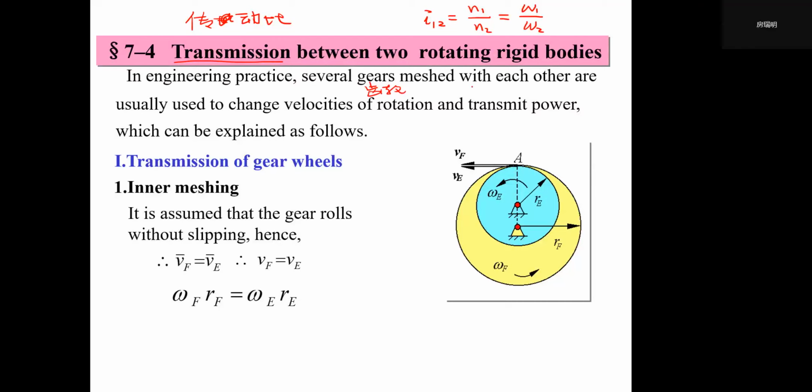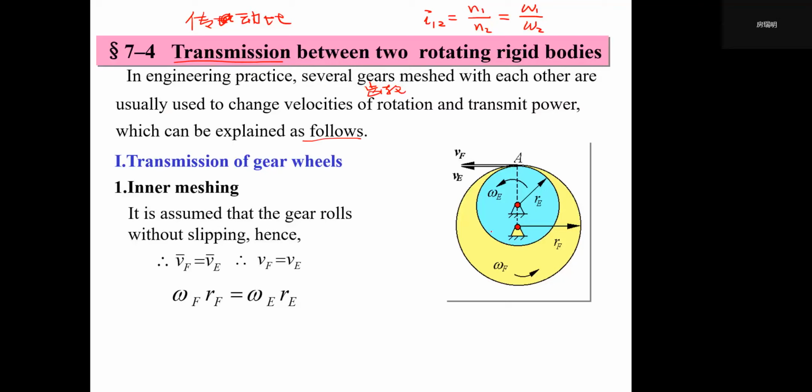Several gears meshed with each other are usually used to change velocities of rotation and transmit power, which can be explained as follows. So transmission of gear wheels, 齿轮的传动比.